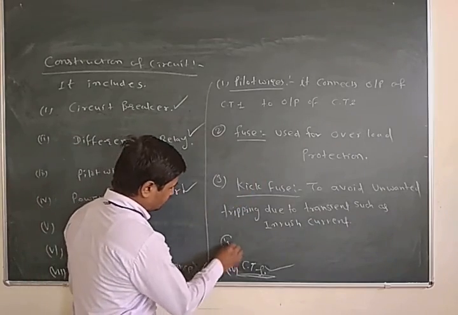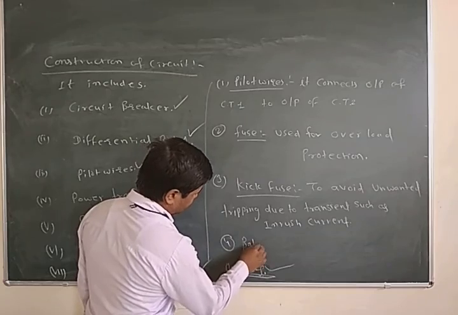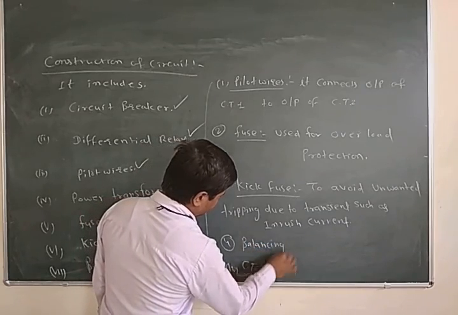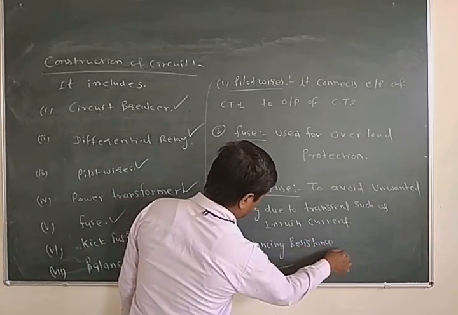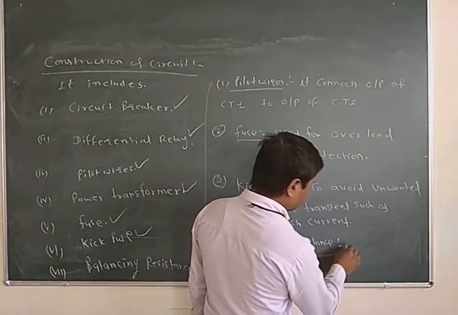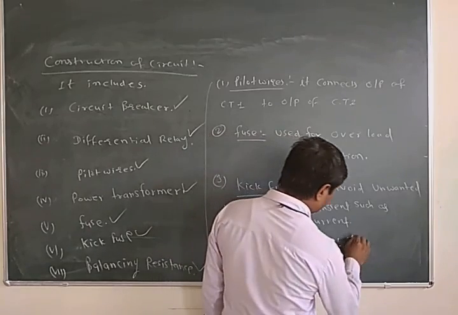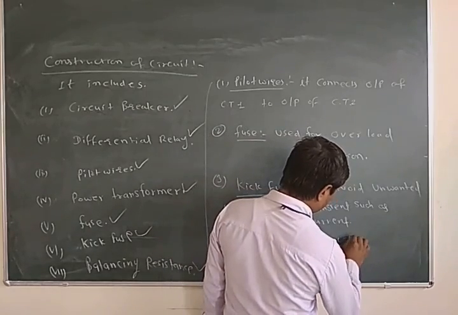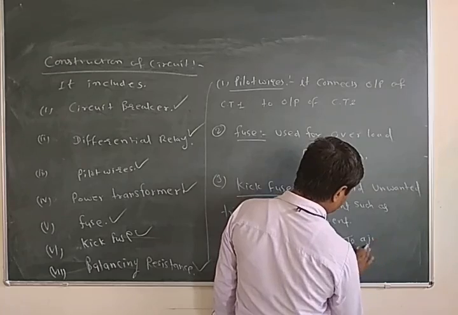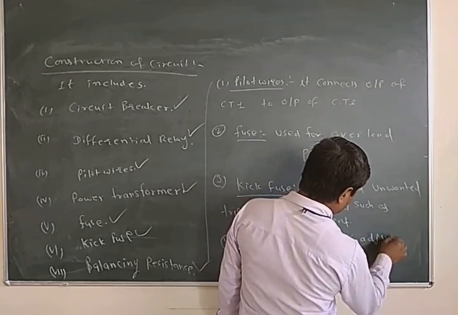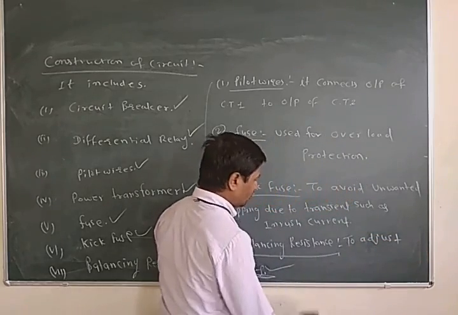And then the balancing resistance: these are required to adjust the equipotential point.